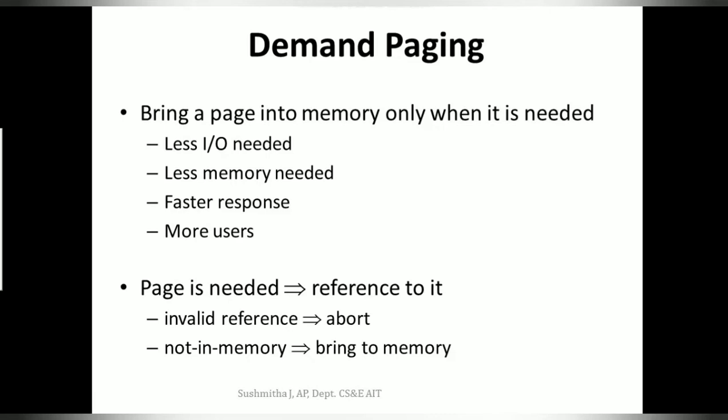It is similar to the paging system, but it also includes the technique of swapping. A process shall be kept in the secondary memory or the hard disk. The process is brought into the main memory only when a process wants to execute that part of the code. We also call it a lazy swapper.